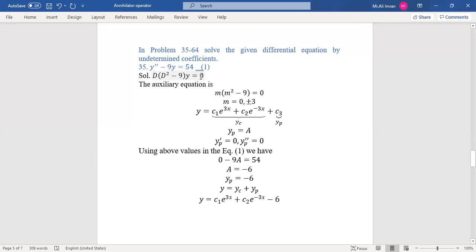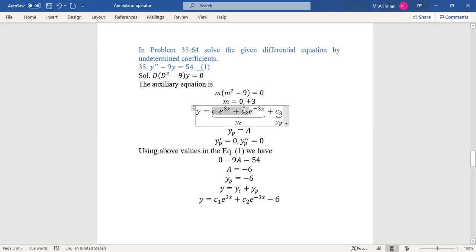This is equal to 0. So its auxiliary equation will be m into m square minus 9 is equal to 0, and if we simplify this, we will have m equal to 0 and plus minus 3. If we write the solution, y is equal to c1 e power 3x plus c2 e power minus 3x plus c3.